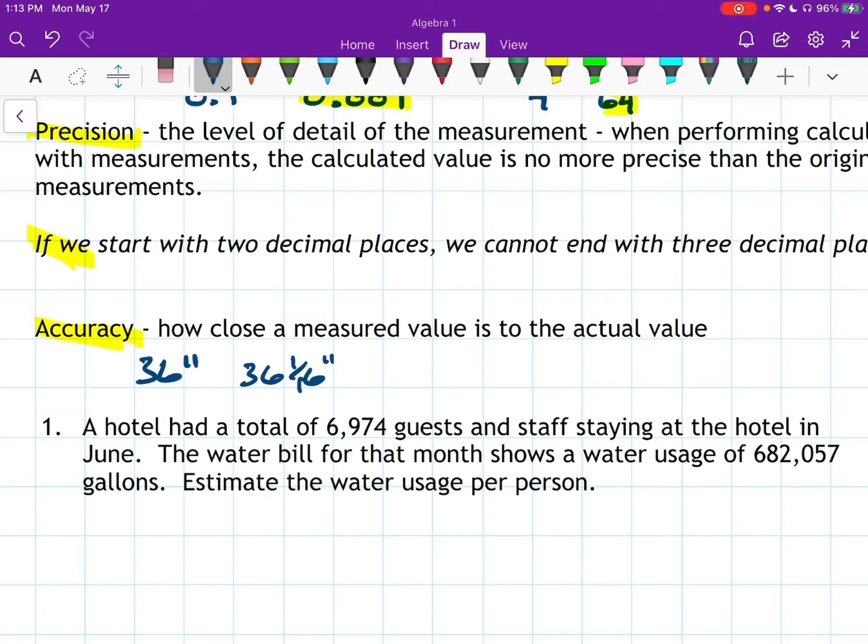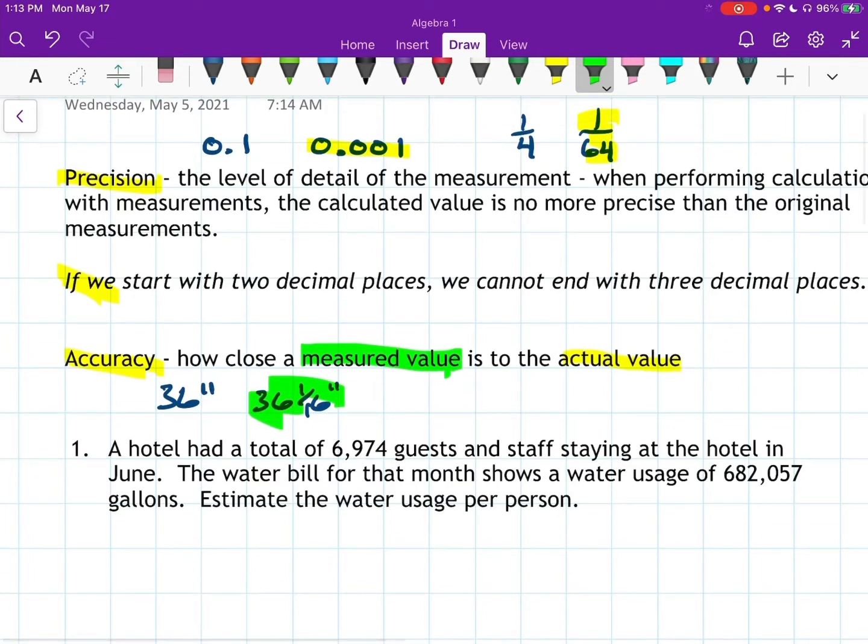I know 100% that the real value, the actual value, is 36 inches. But whenever I measured it with my tape measure, the measured value is 36 and a 16th. So my tape measure is not 100% accurate, right? So that's how we think about that. Accurate is how correct is it. Precision is how detailed is it.